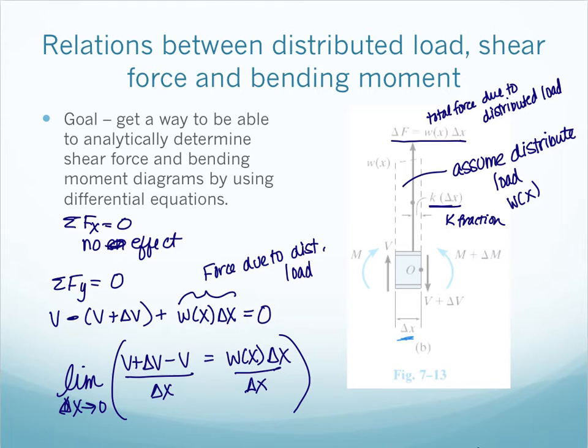And in addition, we had the force upward due to the distributed load, which was W of x times delta x. If we just rearrange this equation a little bit, we can put the W of x on one side and the shear force expressions on the other side. We take the entire equation, divide by delta x, and look at the limit as delta x goes to 0.